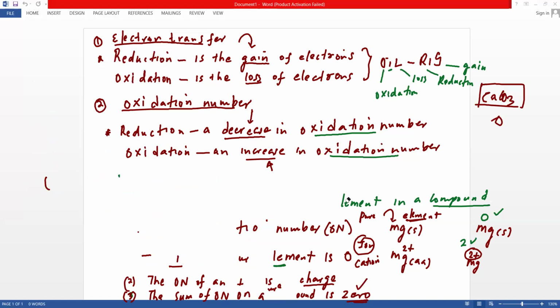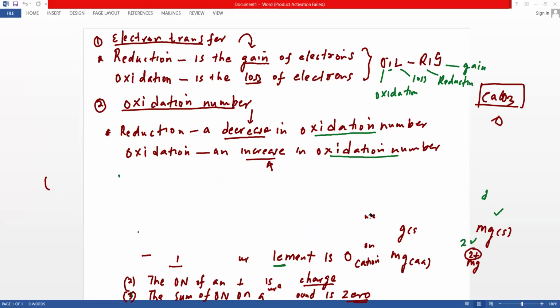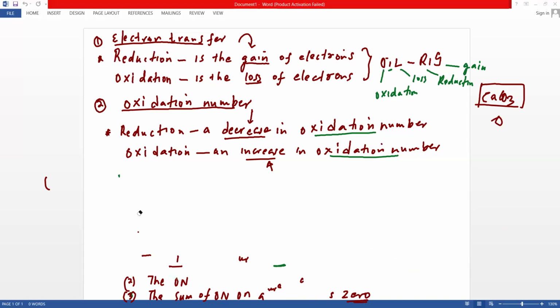So now I want us to go through the definition by using an example. Remember we said in terms of electron transfer, reduction is the gain of electrons, whereas oxidation is the loss of electrons. But under oxidation number, a decrease in oxidation number is reduction, and an increase in oxidation number is oxidation. Now, let's do one simple example.